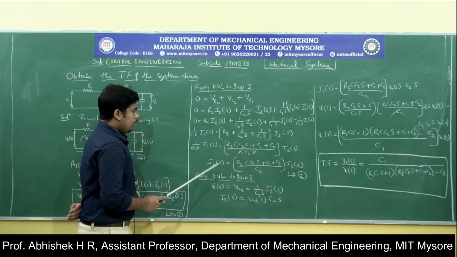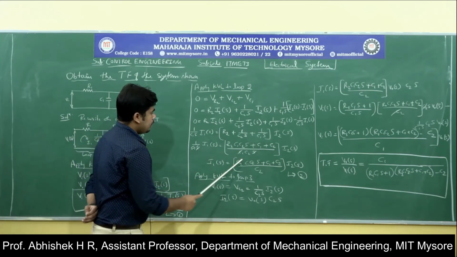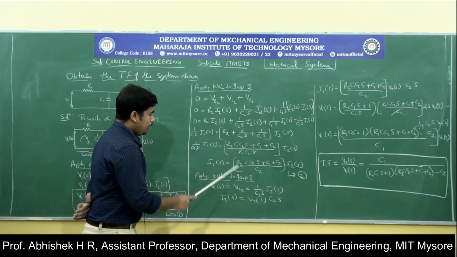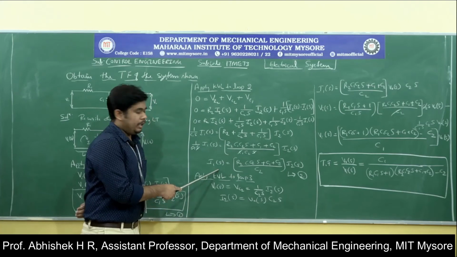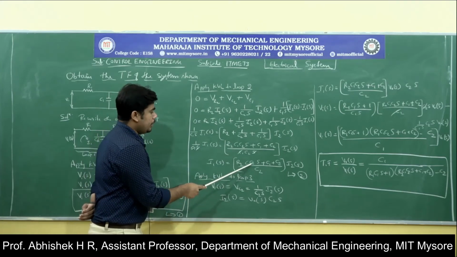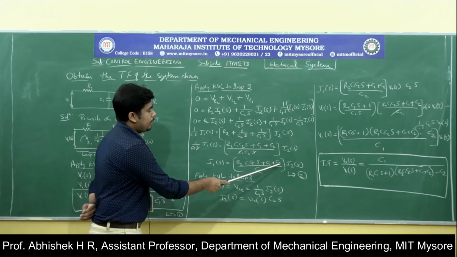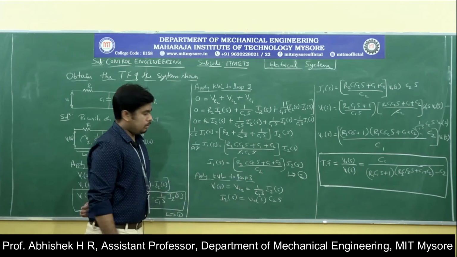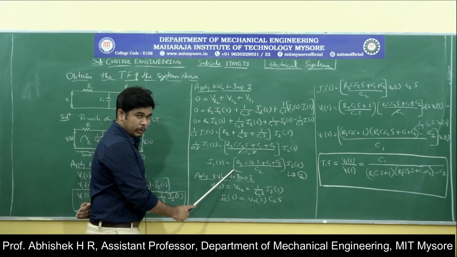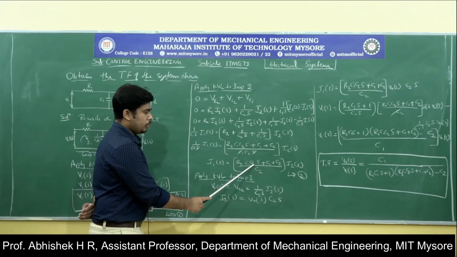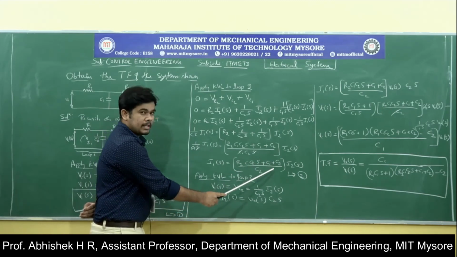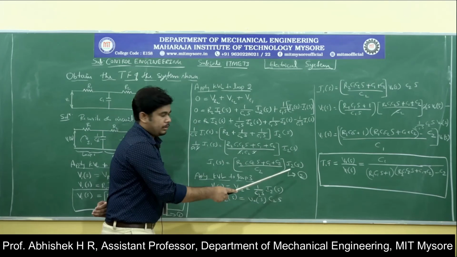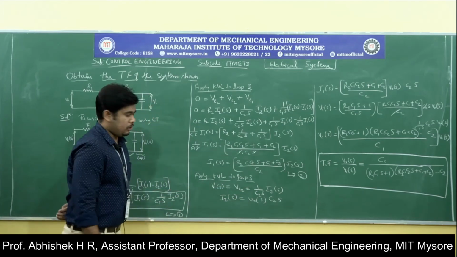So now we have a common factor, C1S, and on the right hand side also we have C1 into S, so just cancel this and modify the expression in terms of I1 of S. I1 of S is equal to R2 into C1 C2 into S plus C1 plus C2, by C2, a whole term into I2 of S. I have just taken the LCM in this expression.